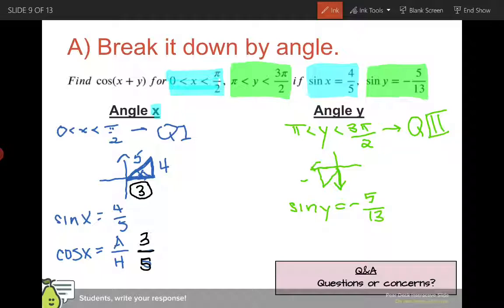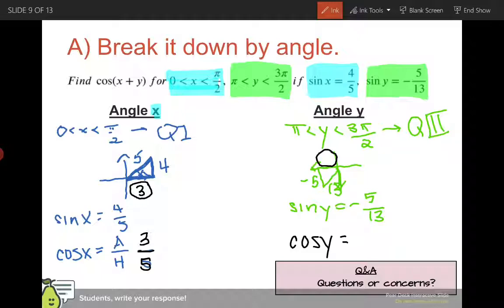Okay, well, sine is the opposite over the hypotenuse. And I make the hypotenuse positive because it's a radius in a circle. Radii are always positive. Now I need to know what the cosine of that angle is. I know it's the adjacent compared to the hypotenuse.